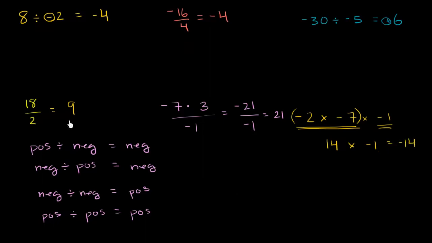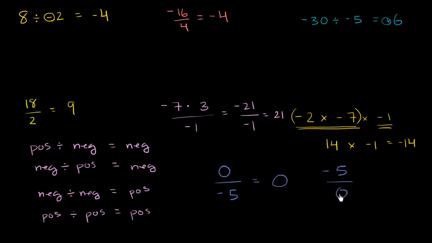Now let me give you a couple more, I guess we could call these trick problems. What would happen if I had 0 divided by negative 5? Well, this is 0 negative fifths, or 0 divided by anything that's non-zero is just going to be equal to 0. What if we were to do the other way around? What happens if we said negative 5 divided by 0?